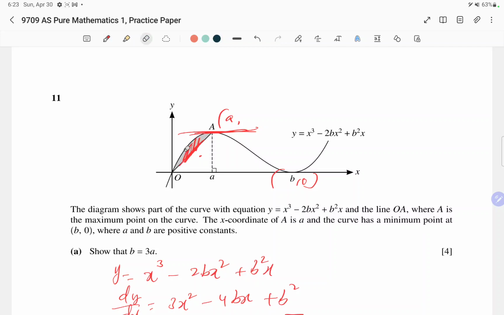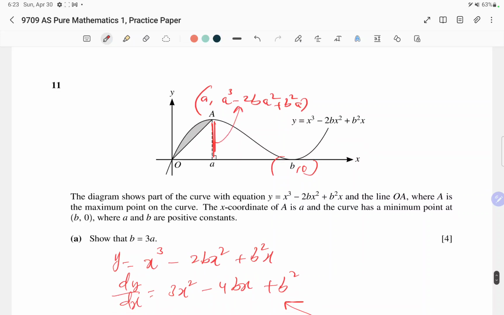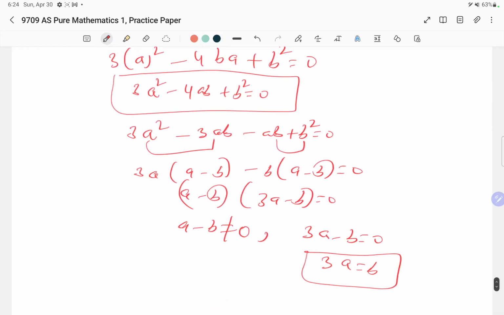Still I need point A. This is (a, y), and the y coordinate will be a cubed minus 2b a squared plus b squared a, right? So this length is this one, and this length is a. By the way, I have to integrate to get this whole area, so I have to integrate this part from 0 to a.